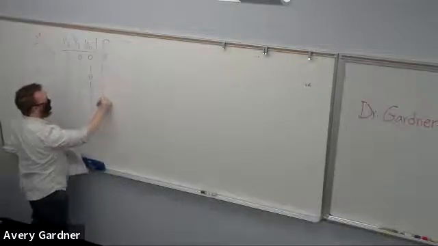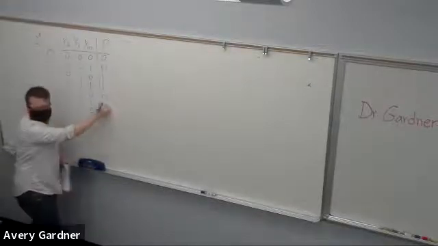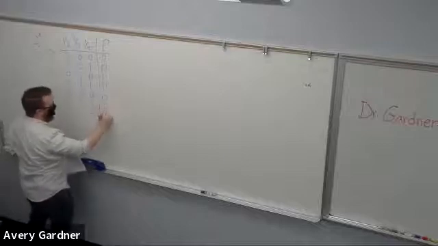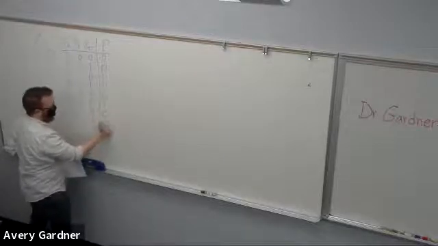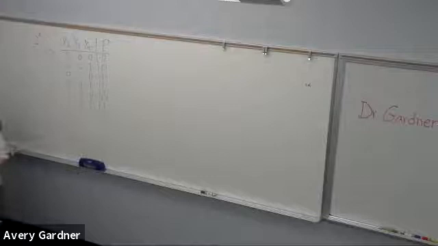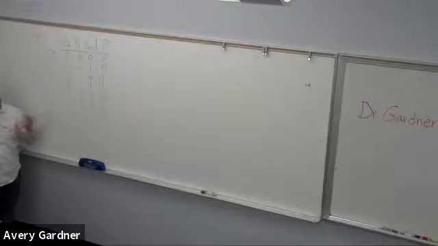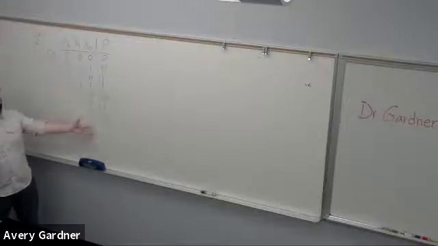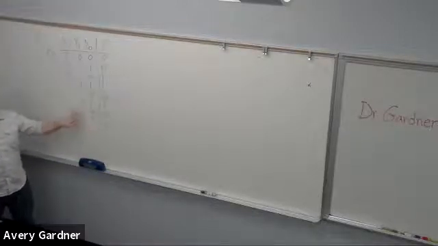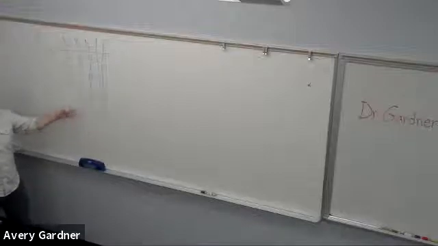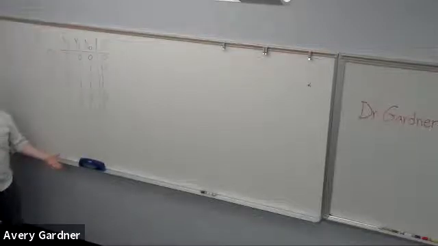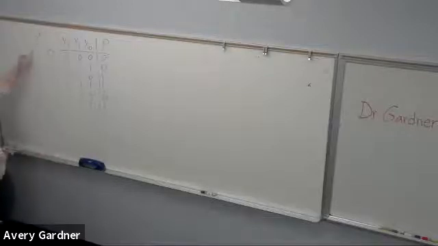Yeah. 4, obviously not prime. 5, prime. 6, obviously not. 7 prime. Okay, so here is our truth table for prime numbers of 3 bits. If we added a 4th bit, we'd have to double the number of rows we have, right? Because it's 2 to the n.